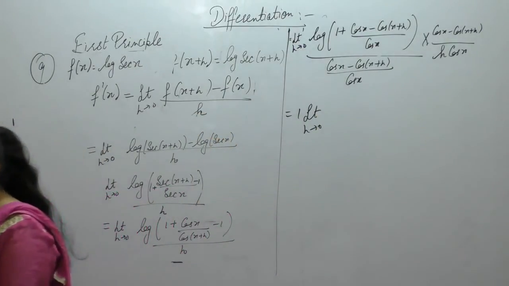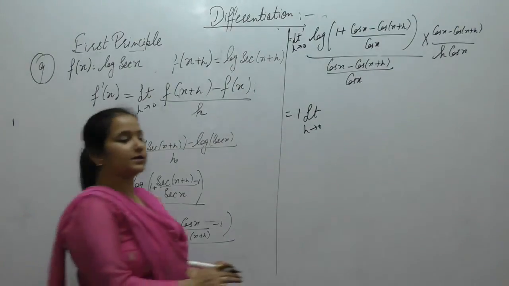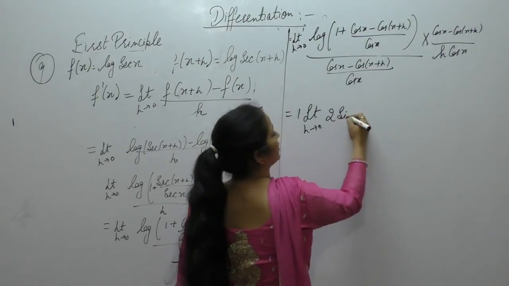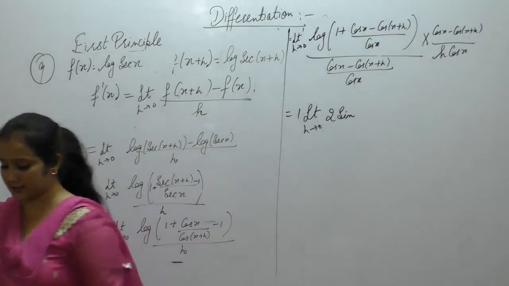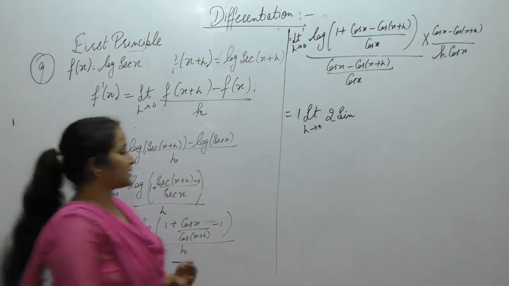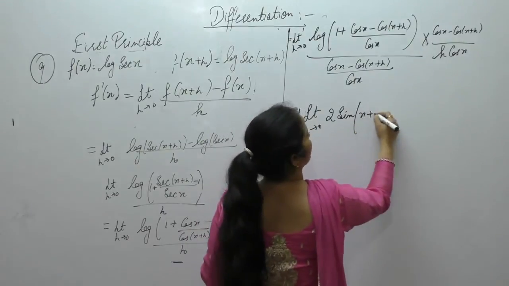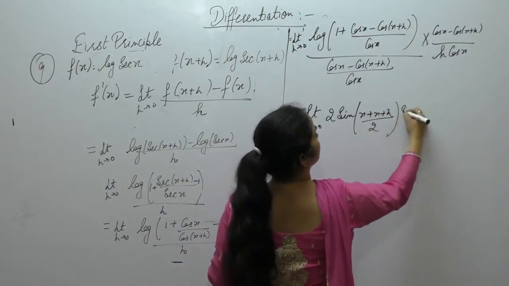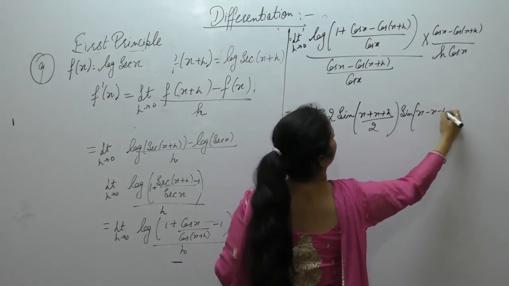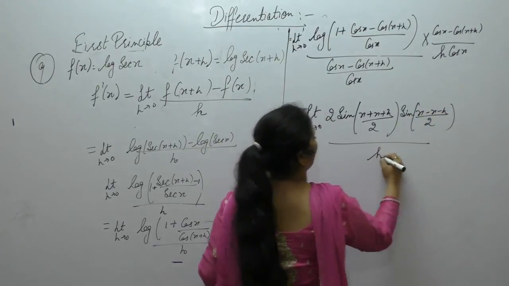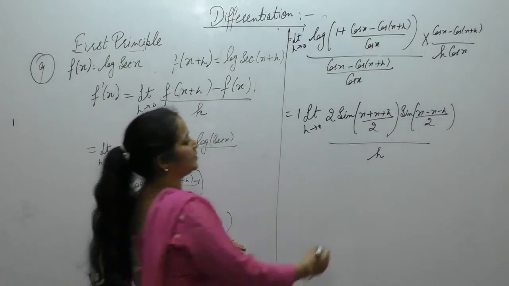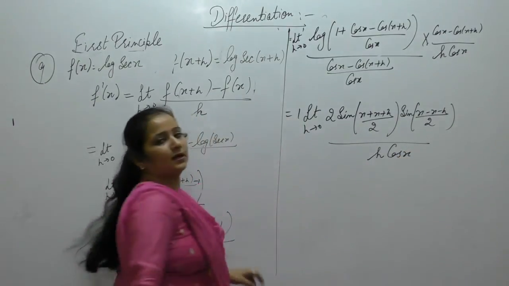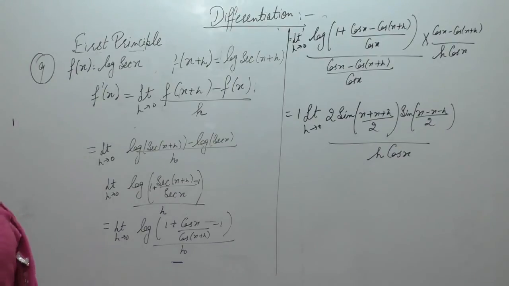Now here apply the formula for cos c minus cos d. Cos c minus cos d is equal to minus 2 sine c plus d by 2 sine c minus d by 2.